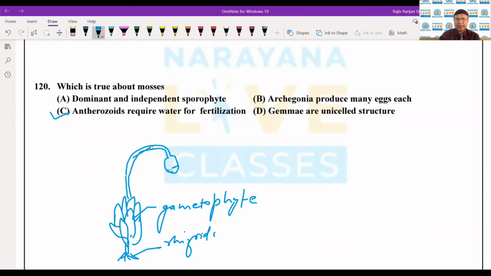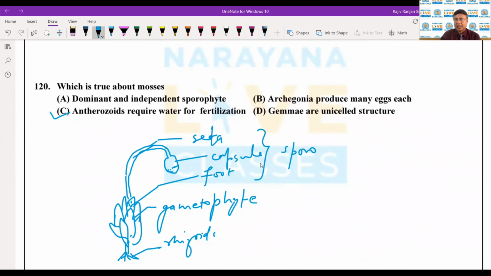It is the seta that just keeps the capsule elevated in the air, and there's the foot, the lowest part, embedded in the gametophytic tissue. So this forms the sporophyte, and as we can see in this figure, the sporophyte is completely dependent upon the gametophyte, and it is the gametophyte that is dominant. It is the dominant independent form.